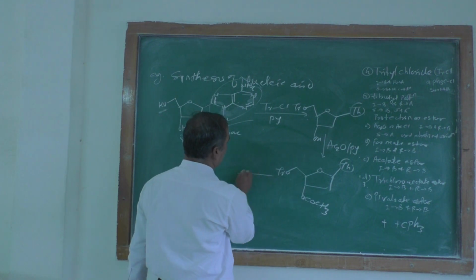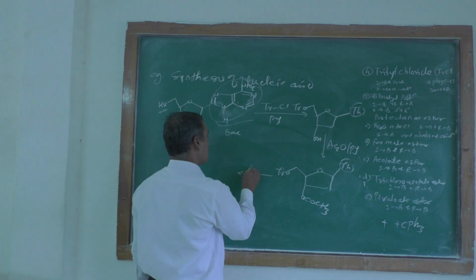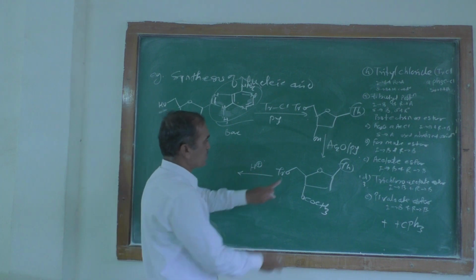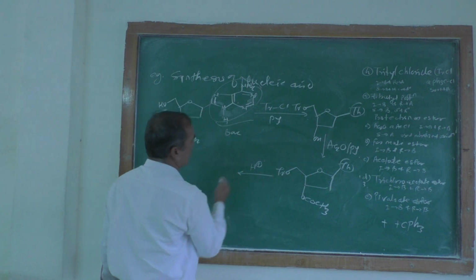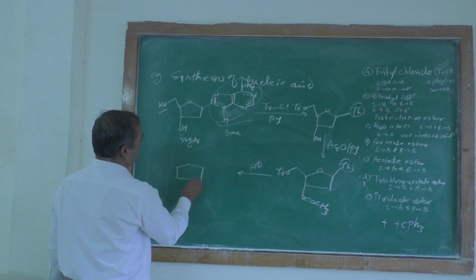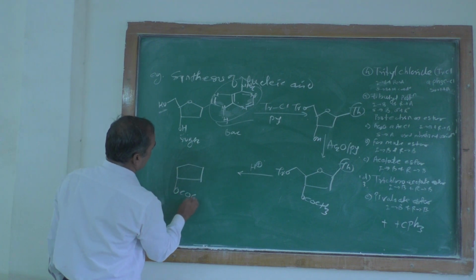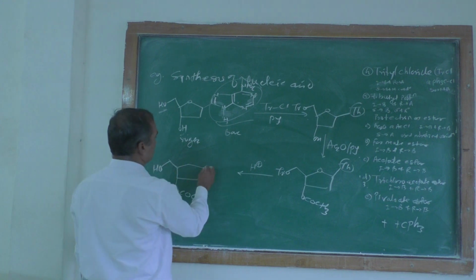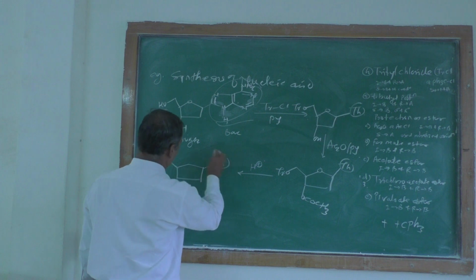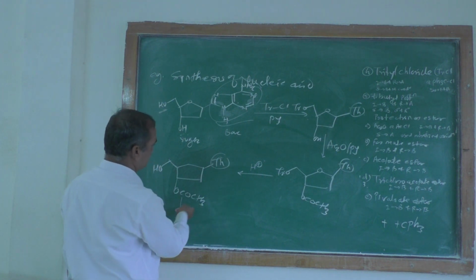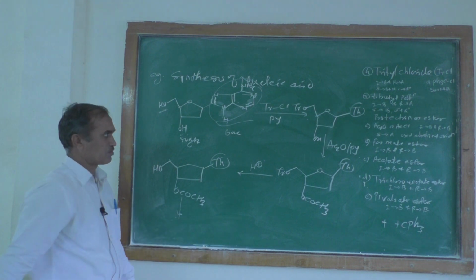Now you can treat this compound under mild acidic conditions. What is going to happen? The bond is going to break here, and you get the final product, maybe as OCOCH3. Then here we get this type of product, and further you can treat it with another phosphate, so we get phosphorylation.